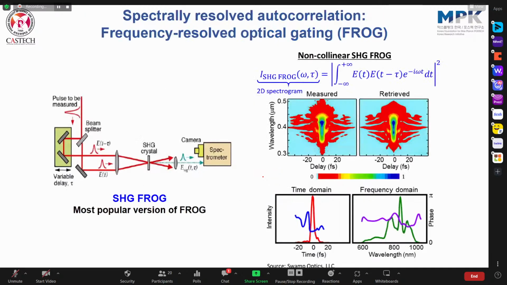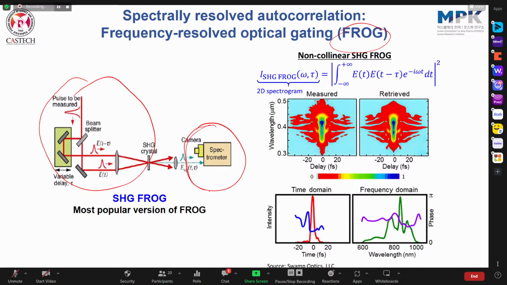A good example is the FROG, right? Basically, this is the typical autocorrelation setup with a photodiode, but they replaced the photodiode with a spectrometer, because when you use the autocorrelator, you're basically losing the phase information, so you cannot completely characterize the optical pulse.